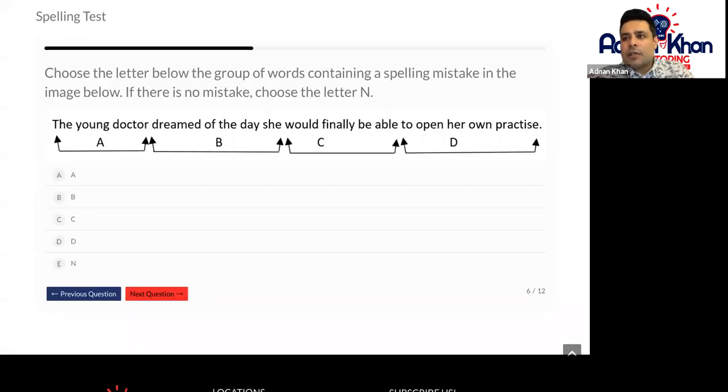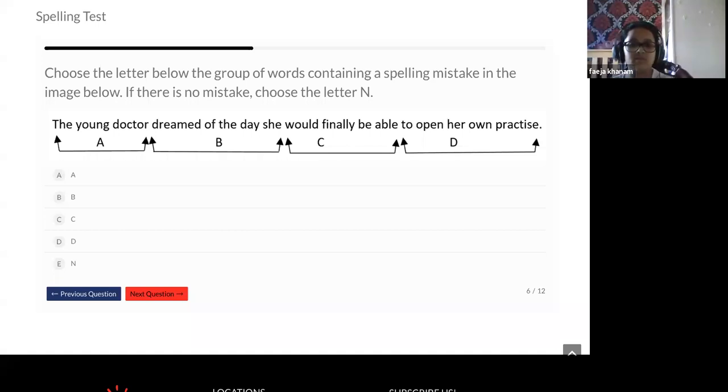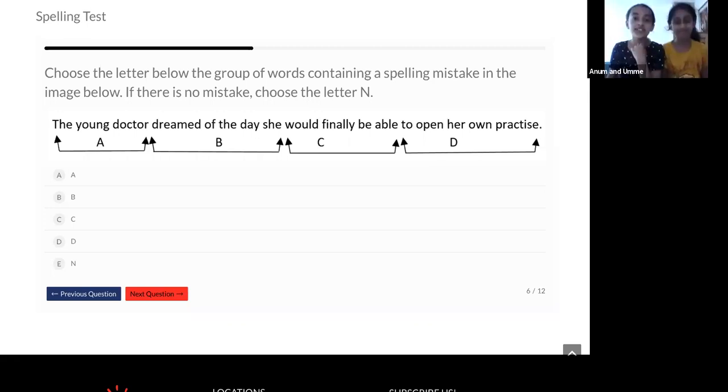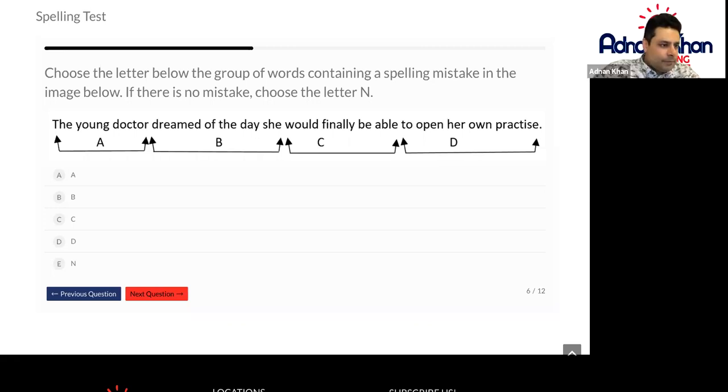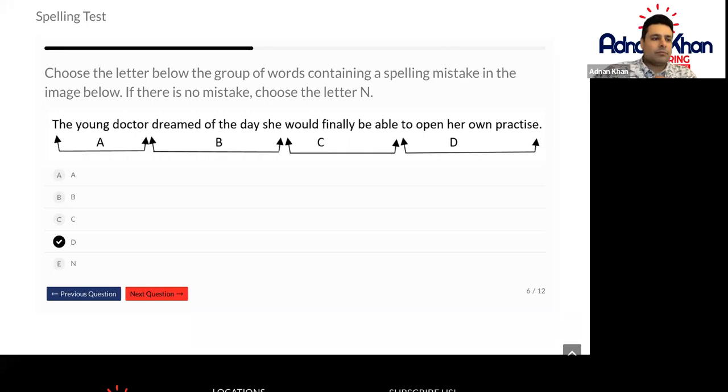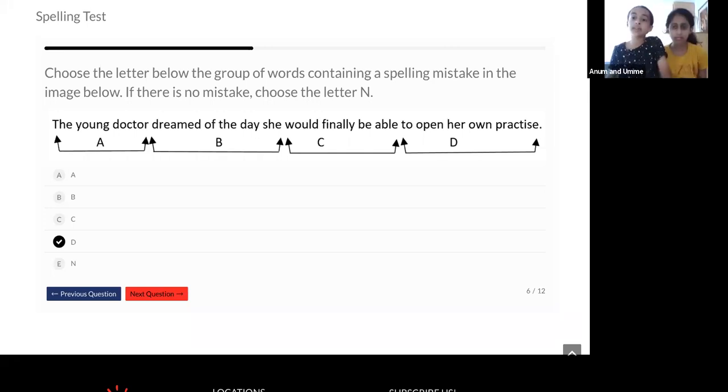And we're going on to question number 6 now. Let's go to Anam and very quickly. Okay, girls, so read the sentence. The young doctor dreamed of the day she would finally be able to open her own practice. Is it D? Yeah, and why do you think it's D? It's because it's not supposed to be this type of practice.